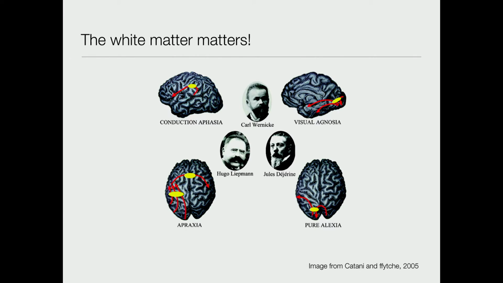So things go wrong somehow in these connections in the white matter, and that might lead to, for example, an inability to read or inability to identify objects. And this was appreciated way back in the 19th century by these neurologists whose pictures are up here.